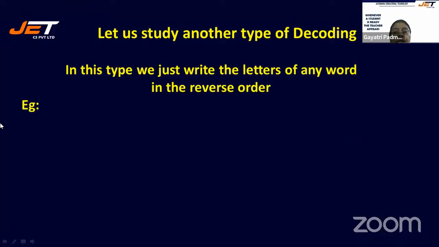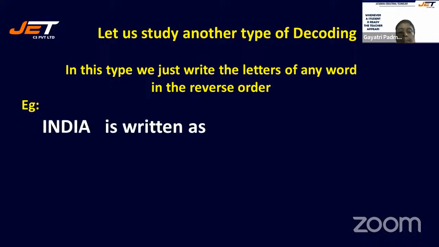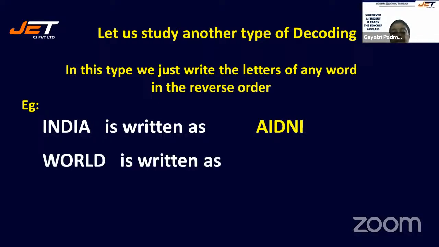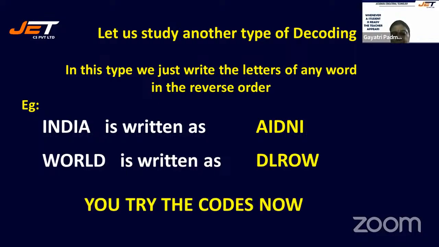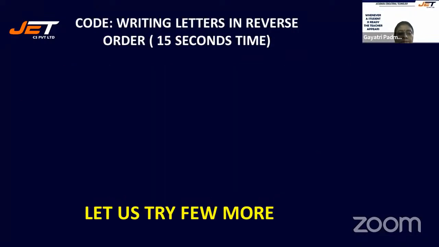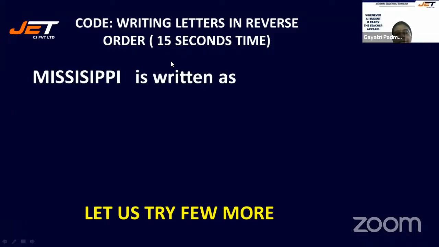Yes, now let us study another type of decoding. In this type, we just write the letters of any word in the reverse order. Example, India is written as AIDNI. So we write the word in the reverse order. World is written as DLROW. So now let us try to code it. Yes. So let us try few. Now we have Mississippi.